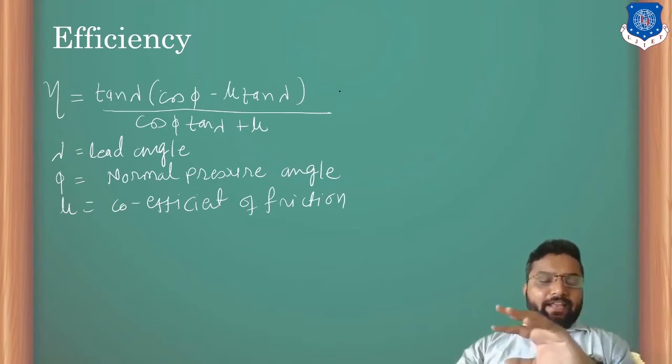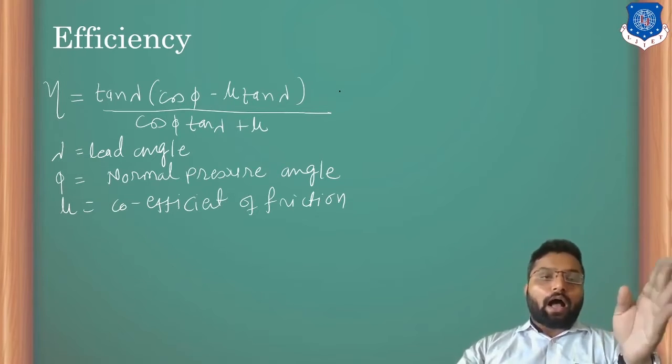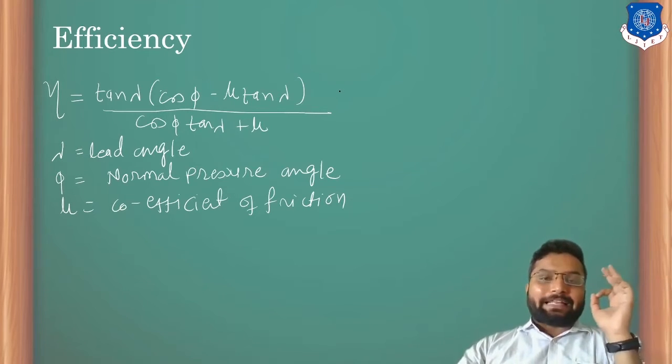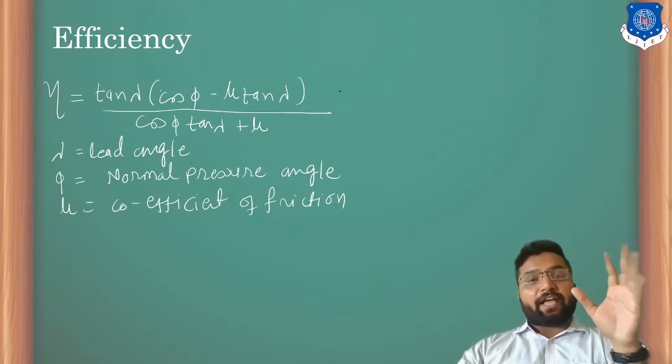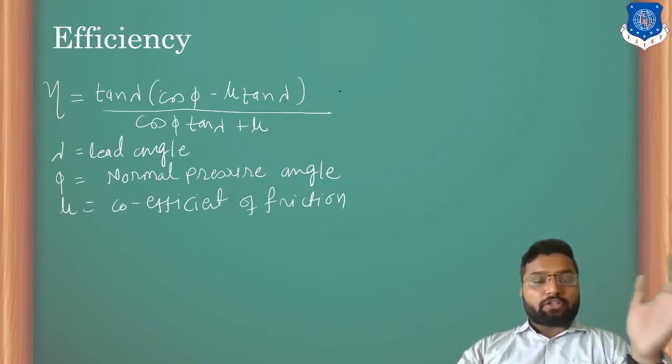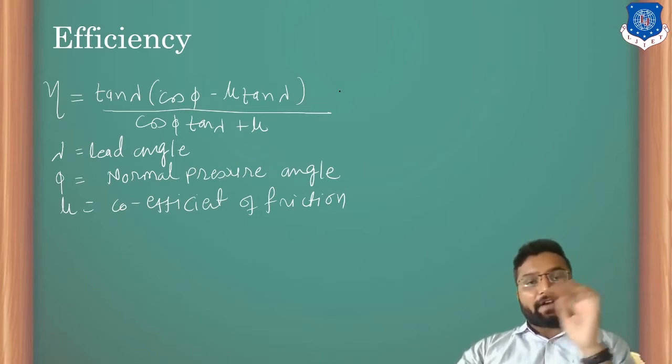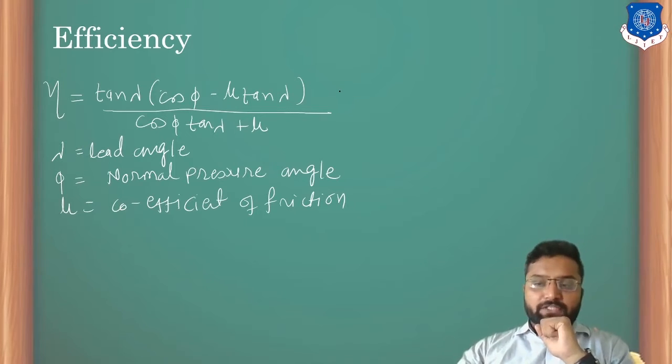This directly affects our velocity ratio as well as power transmission. How? The lead angle contains our pitch and our velocity ratio, so that's why it directly affects our efficiency.